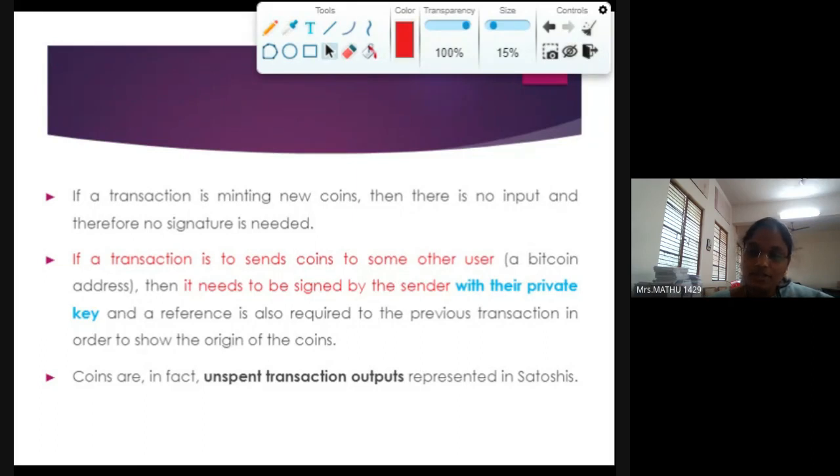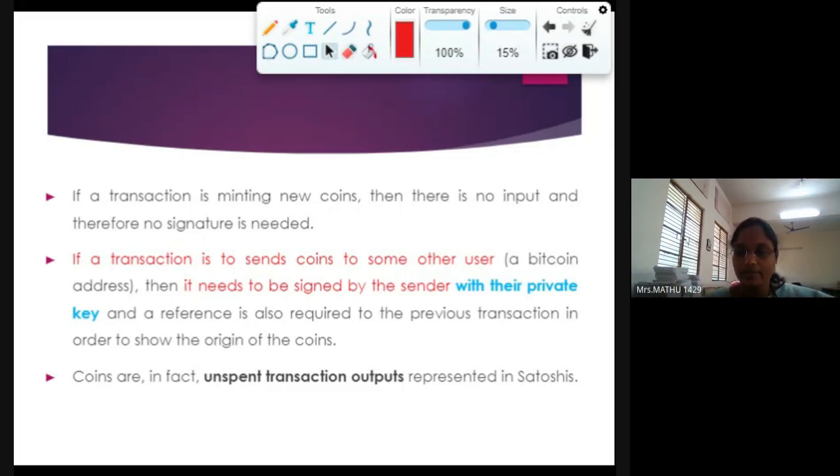Before sending your Bitcoin money to another person, you first have to sign it with your private key. And you also need to show where you got this money from. With physical money, that is not at all possible. In the physical money that we handle, we do not know where the 100 rupee note that you are holding comes from.